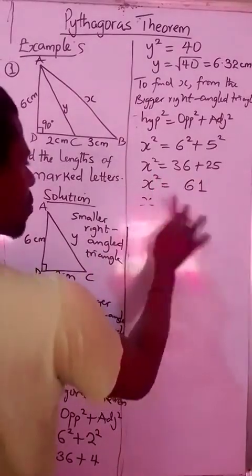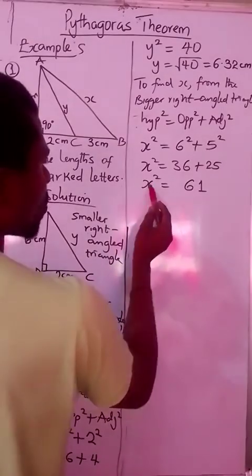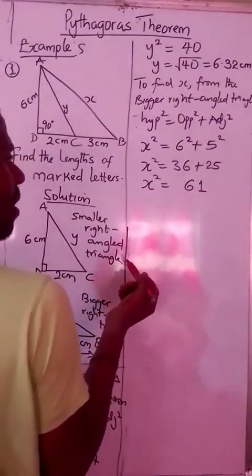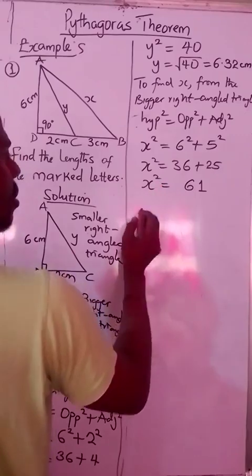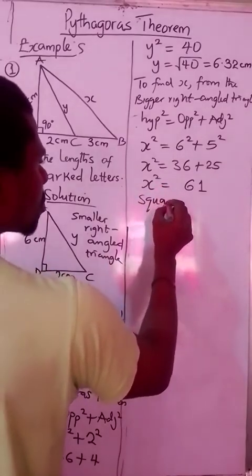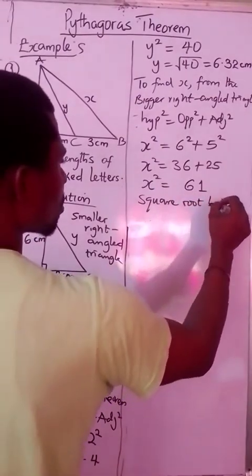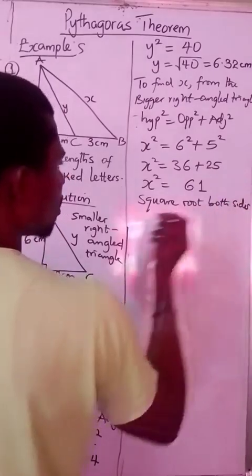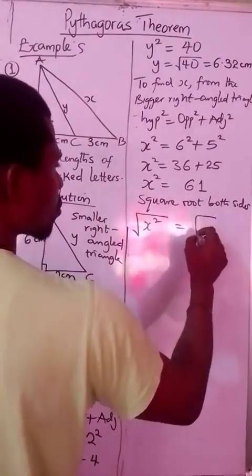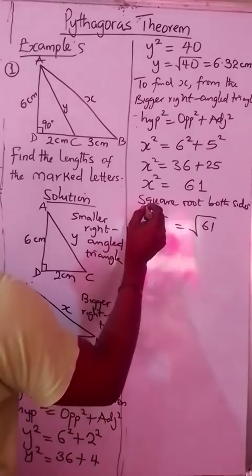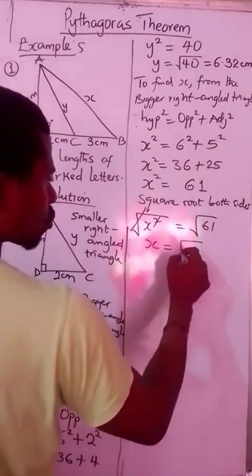When we want to make x the subject of the formula, to remove this square, you square root both sides. So square root of x squared equals square root of 61. Square root always cancels square. So that's why we have x equals root 61.